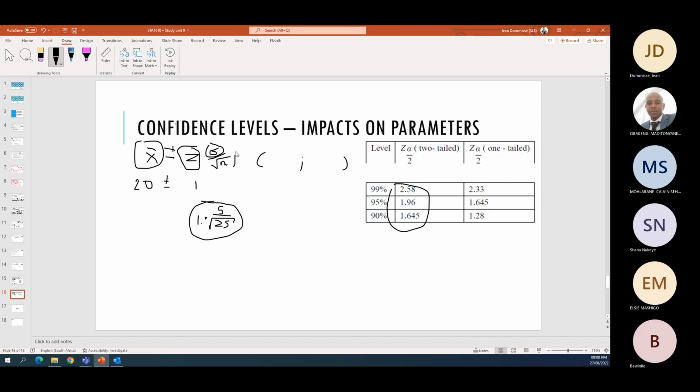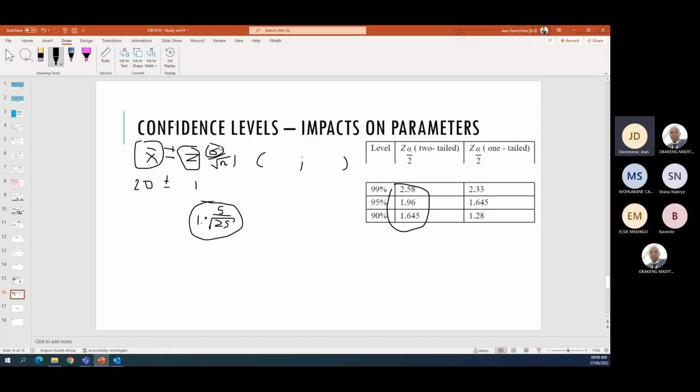So maybe they tell you in the assignment or in the exam that your standard deviation is increasing from 5 to 10. And what influence does that have on your confidence interval?